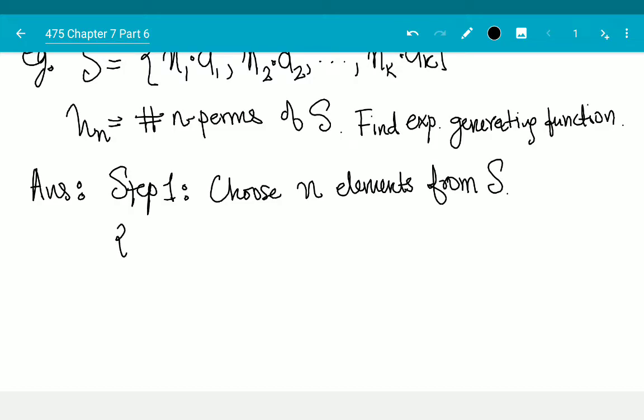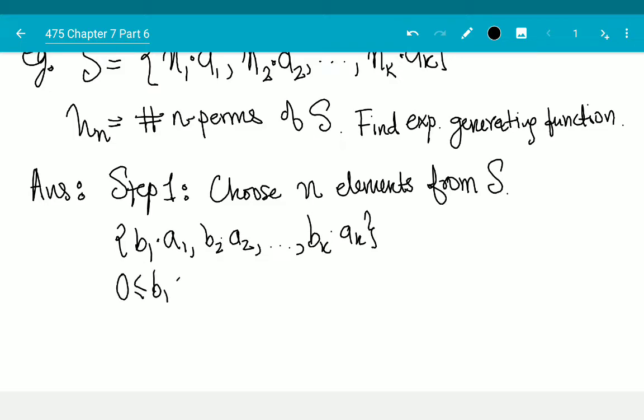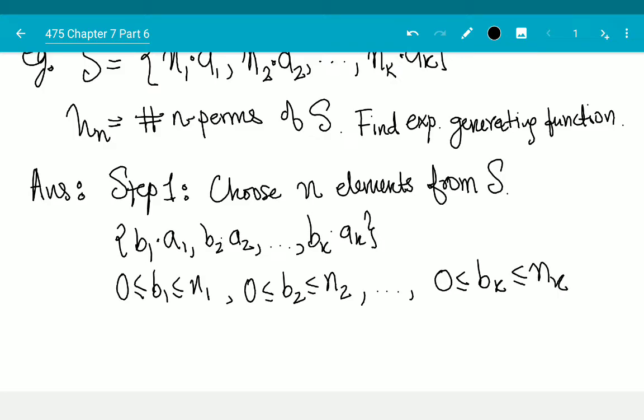How are we choosing n elements from S? We are choosing them in some order: b1 times a1, b2 times a2, dot dot dot, bk times ak. This is how I'm choosing them, where 0 is smaller than or equal to b1, smaller than or equal to n1, 0 smaller than or equal to b2, smaller than or equal to n2, dot dot dot, 0 smaller than or equal to bk, smaller than or equal to nk, right?